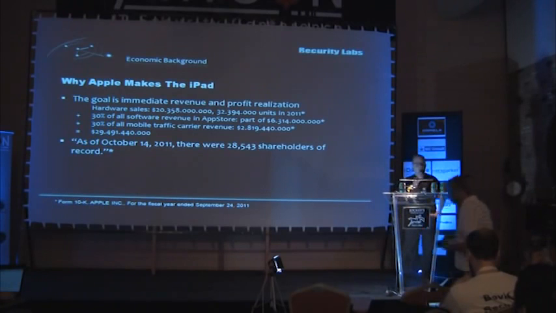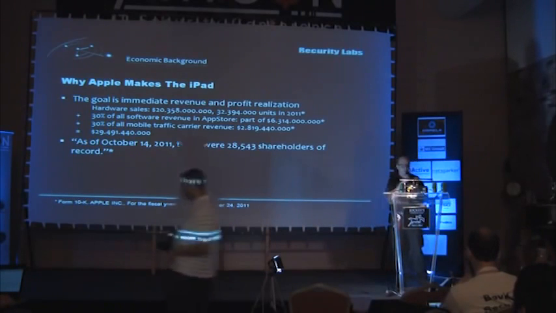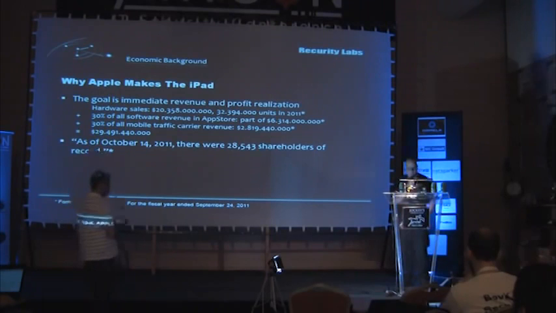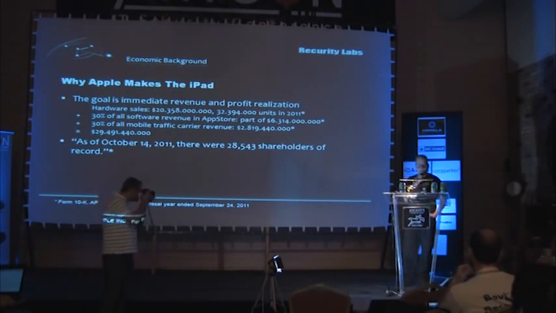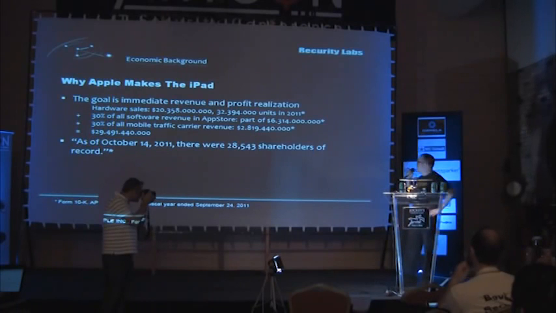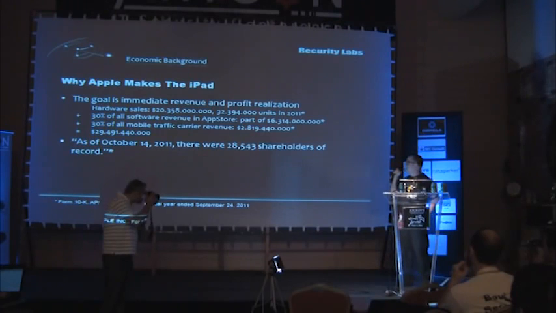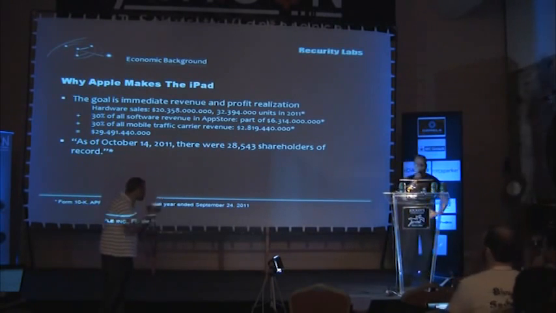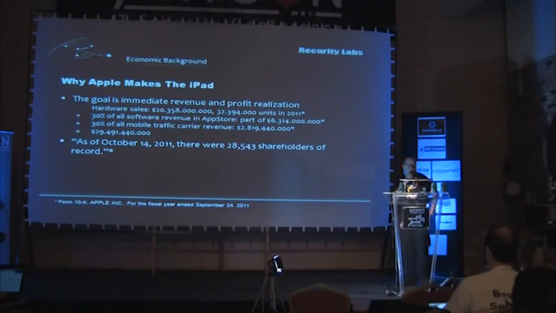Apple actually makes money from the hardware sales primarily. In 2010, they made 32 billion units sold and 20 billion in US dollars. They take 30% of all money that people make in the App Store, which is another 6 billion, small money.